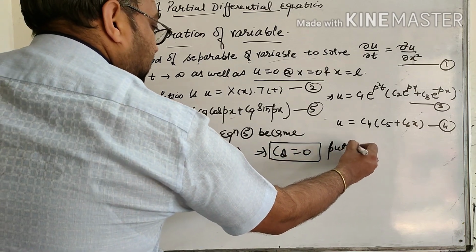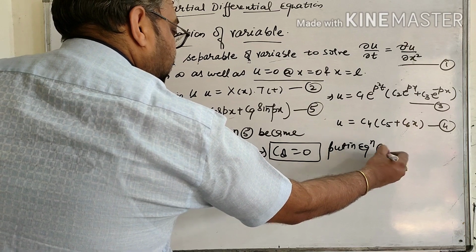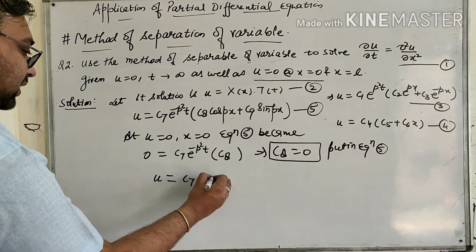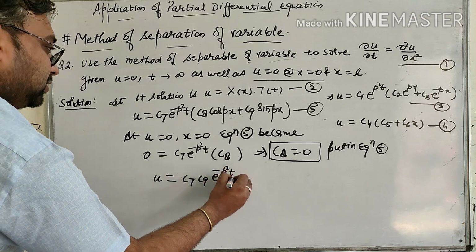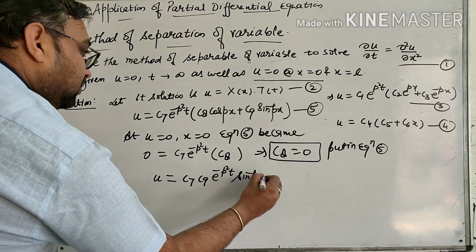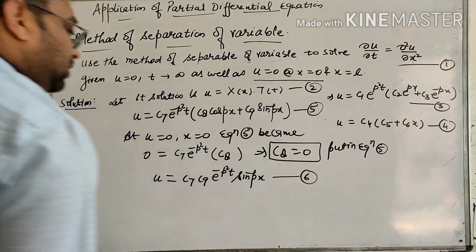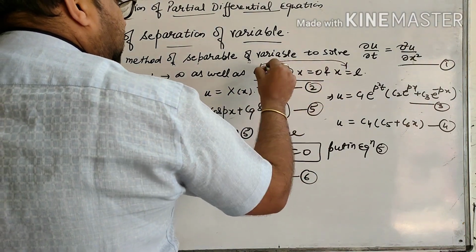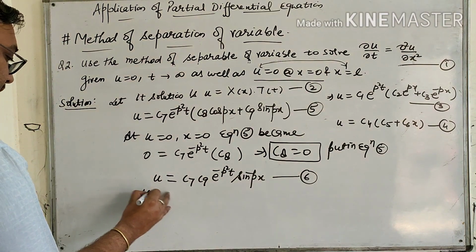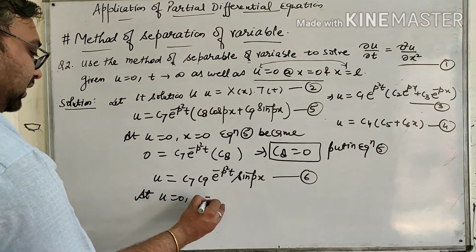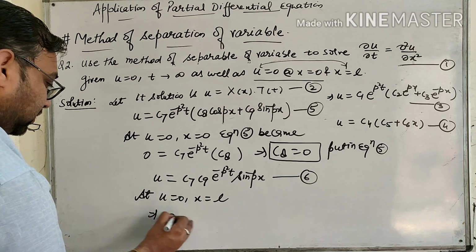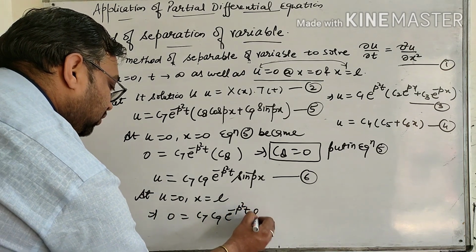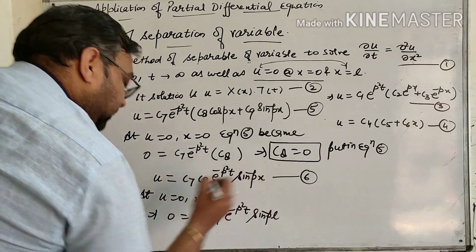Put it in equation number 5. We get u equals C7 C9 e raised to power minus p squared t sin px. This is equation number 6. Now we take the other boundary condition, that is, u equals 0 at x equals L. So 0 equals C7 C9 e raised to power minus p squared t sin pL.